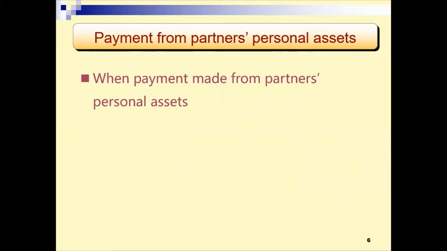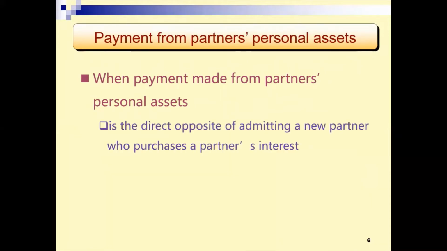To begin with, when payments are made from the personal assets of the remaining partners, this is like a direct opposite of when a new partner is admitted to purchase the interest of the retiring partner. In some partnership situations, when a partner retires, a new partner may be admitted and the new partner purchases all that belong to the retiring partner. So it is like exchange of assets for the new capital.